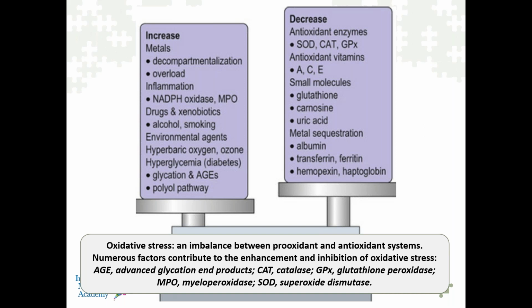Glutathione, vitamin C, vitamin E, vitamin A, superoxide dismutase, catalase enzymes, and glutathione peroxidase all work to our advantage in decreasing oxidative reactions. And anything from metals, chemicals, molds, drugs, smoking, alcohol, and chronic hyperglycemia in diabetes will tip the scales in the other direction.